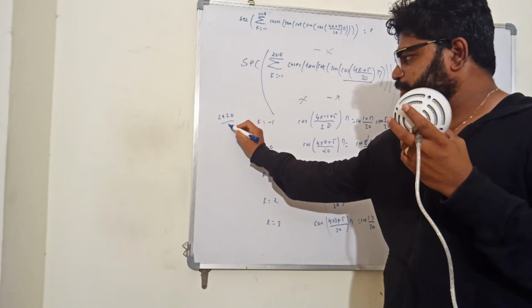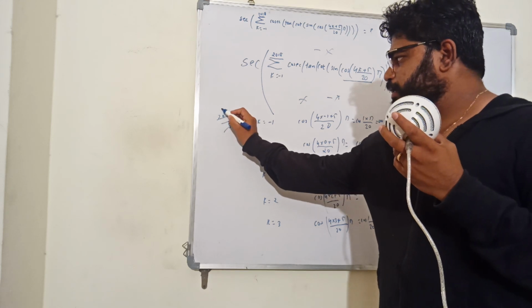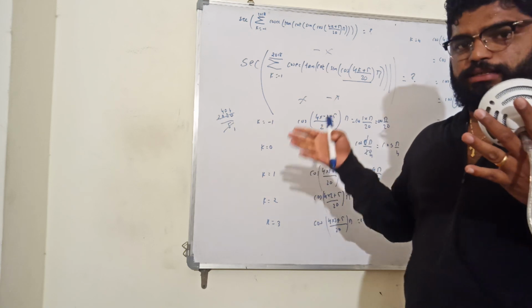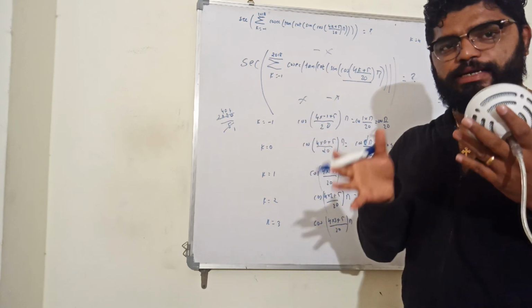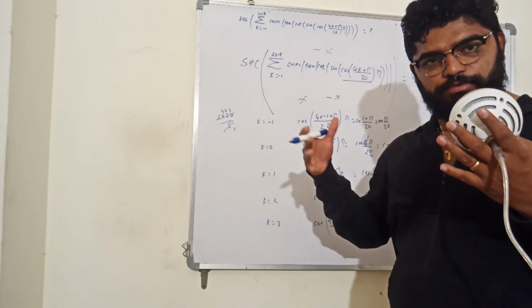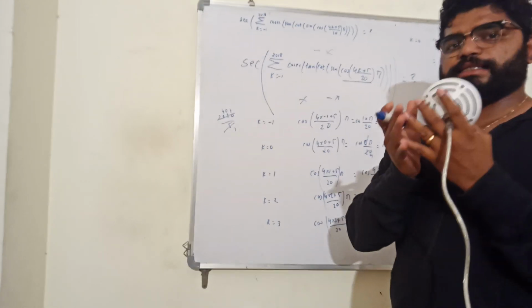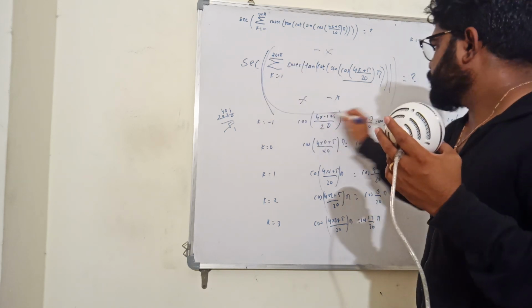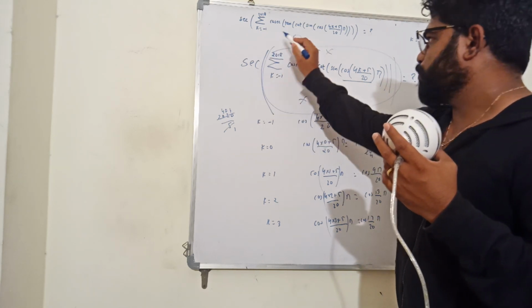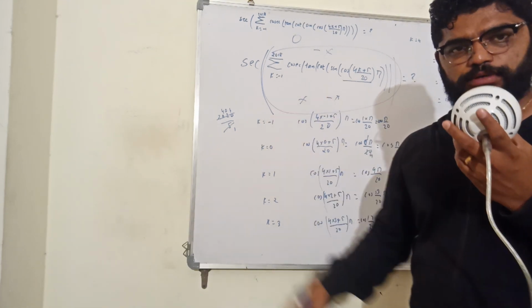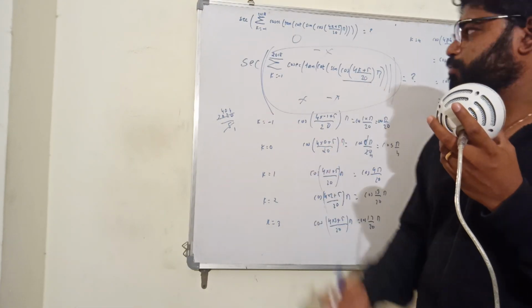If I divide it by 5, I get 404 sets. That means there are 202 positive sets and 202 negative sets, which are going to cancel each other out, and this whole addition is going to give me a 0.